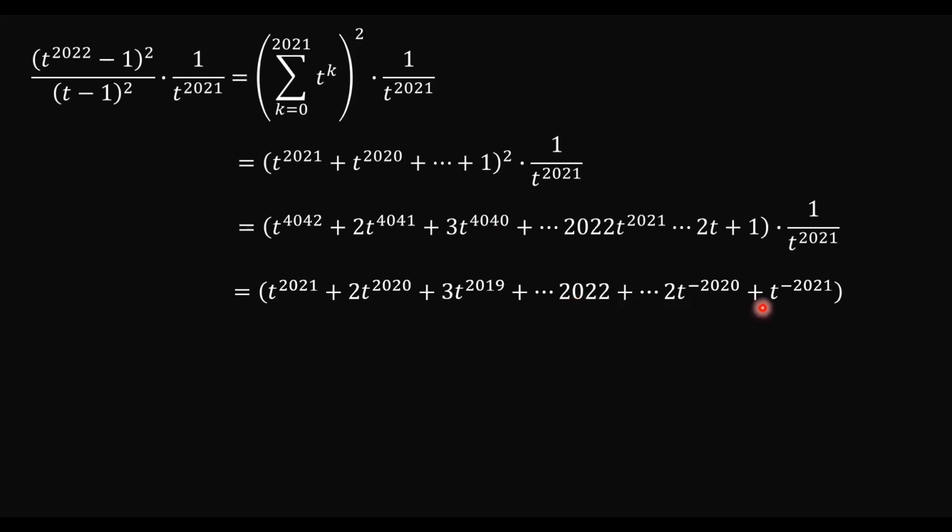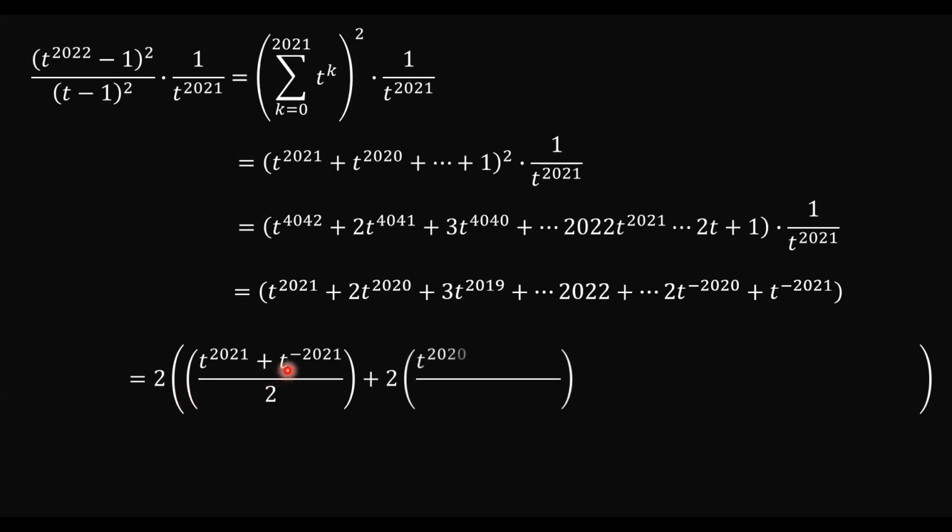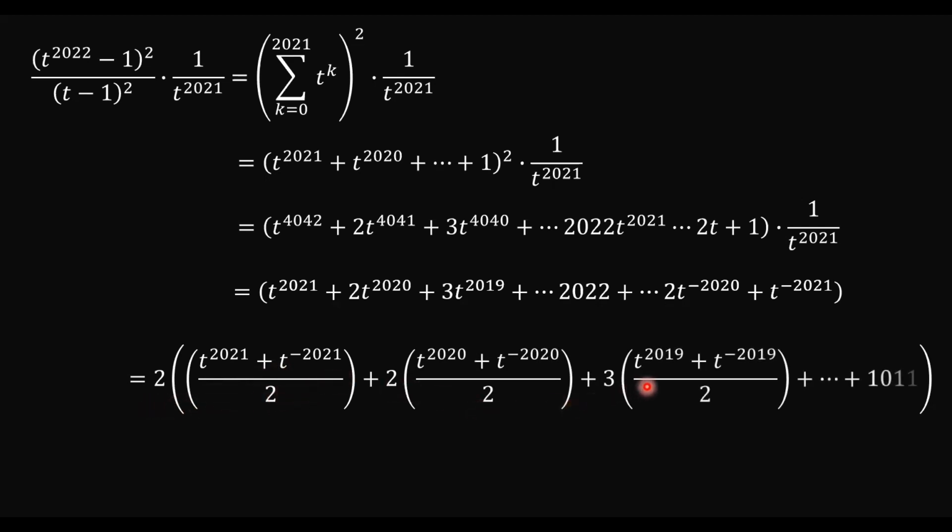And then that goes on up to t to the power negative 2021. So combining this t to the power negative 2021 and this t to the power positive 2021 into a fraction, we can now divide it by 2 by pulling another constant out. So we have an Euler expression here for each term, except the constant that has been left out.